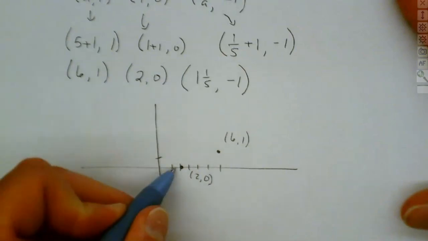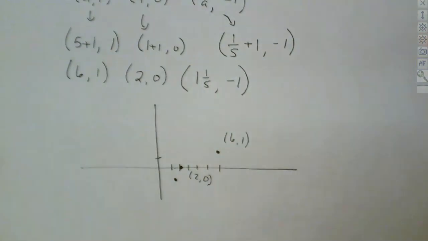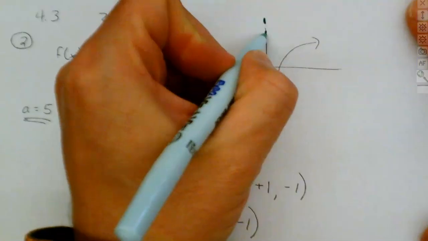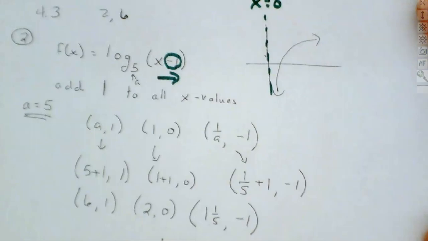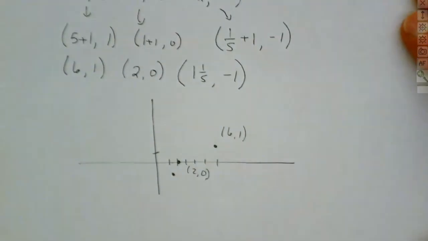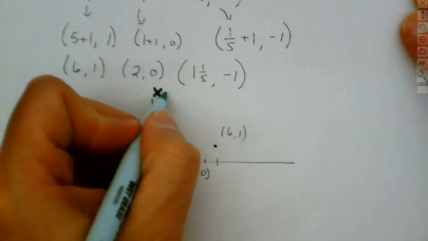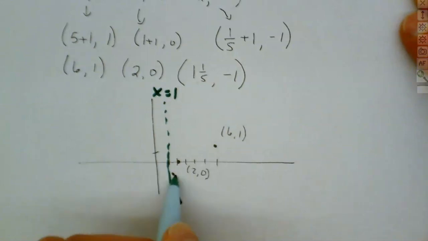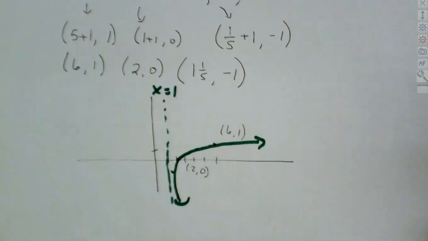So that's right about there, negative 1. Now we know that we slid the graph forward, and normally it would have a vertical here at x equals 0, but ours is going to have a vertical slid 1 unit forward at x equals 1. We know what it looks like. We curve them together, and there's your picture. So that's what your graph should look like.